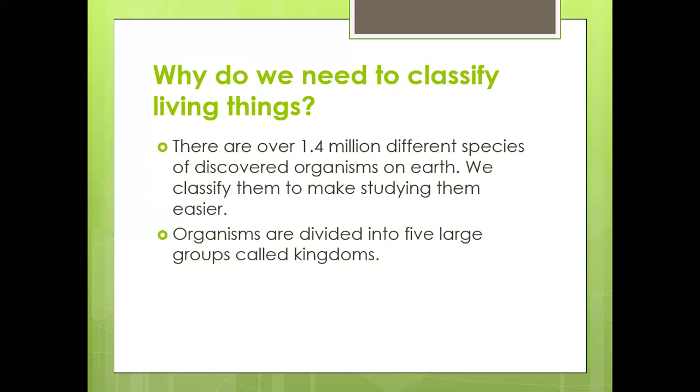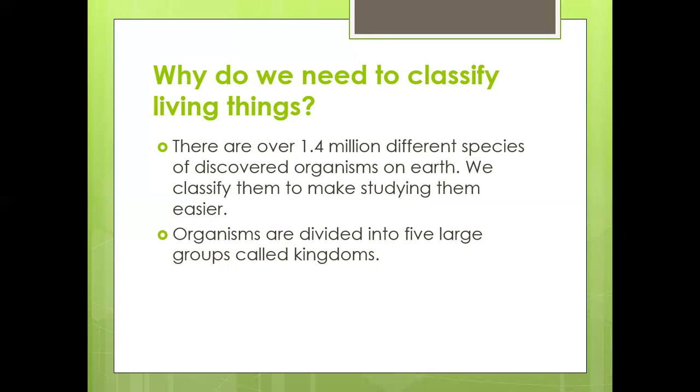After that, in 1969, another scientist called Robert Whittaker divided the organisms into 5 kingdoms, what we are going to be discussing today, the 5 kingdom classification. It was actually the work of Robert Whittaker in 1969.